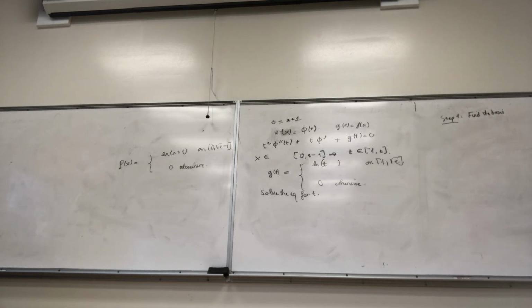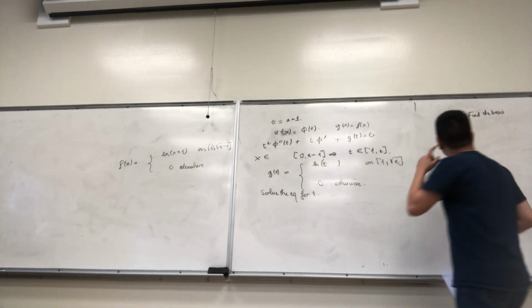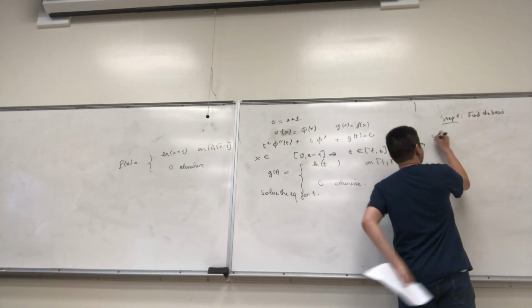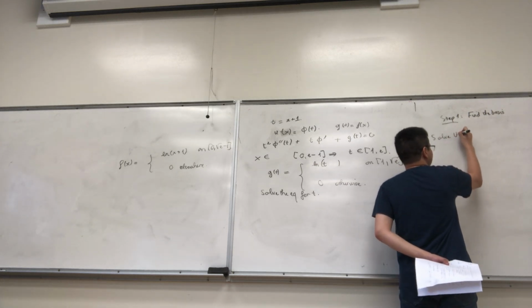So how can I find the basis for this guy? In general, how would you find a basis? You solve what? So we need to solve the Sturm-Liouville eigenvalue problem.